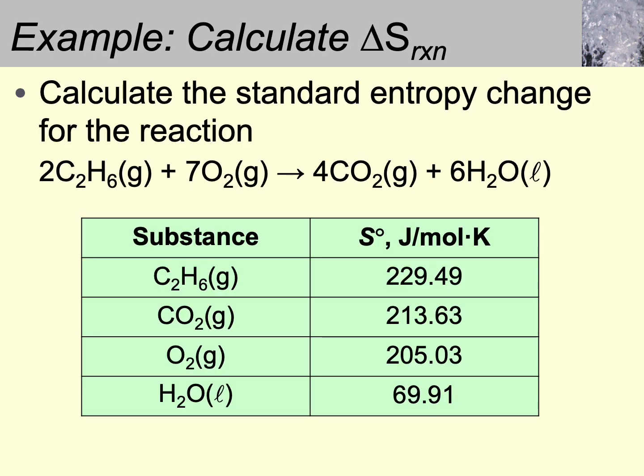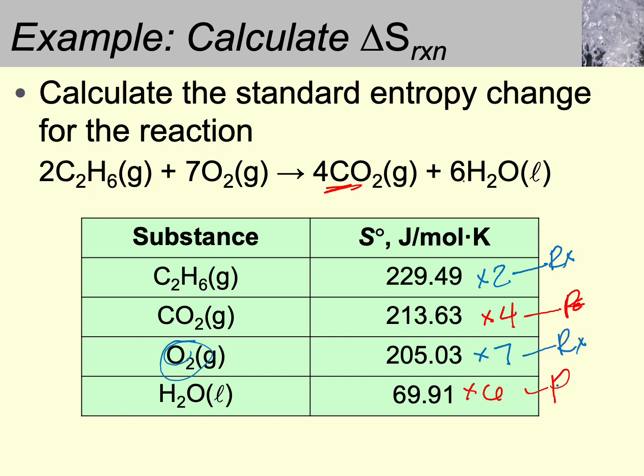Let's look at another one. So for this one, you're going to do the same thing. You're going to take 4 of the carbon dioxides and 6 of the waters. That's your products. And then for the reactants, you're going to have 2, and you're going to have 7 of the oxygen. So see, the diatomics are not 0 anymore, and these are your reactants.